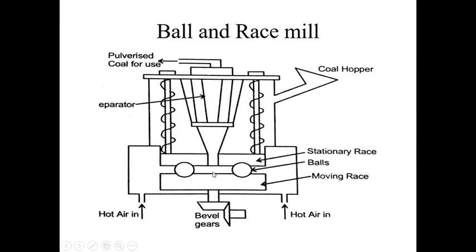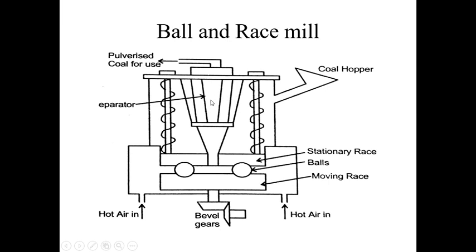particular coal into a finer, refined, very small sized form, and at the same time an induced fan is used, and it will be drawing the pulverized coal from here, and this is not a separator mistake, it is a separator.